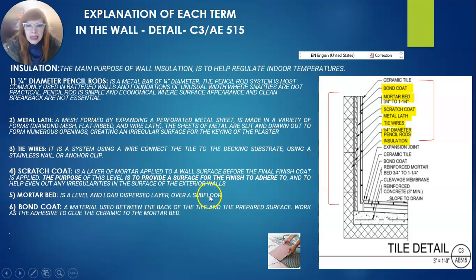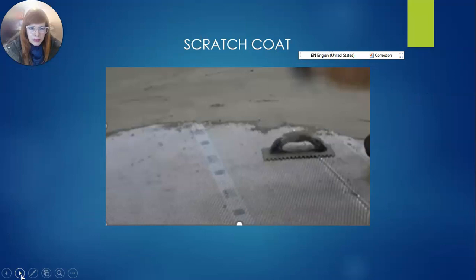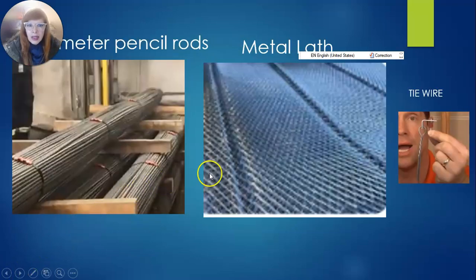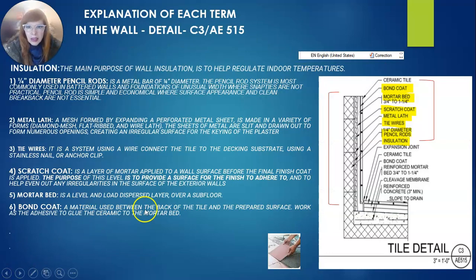Okay, this scratch coat I can show you in this image. This is the scratch coat, a material that they put over the metal lath, okay? This is a scratch coat they put over the metal lath.